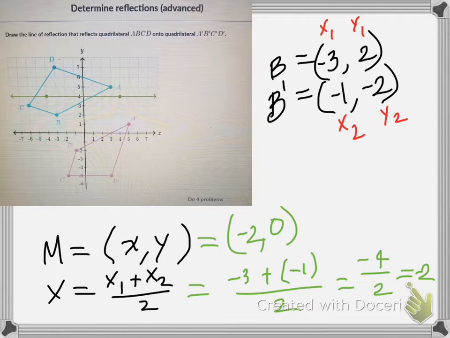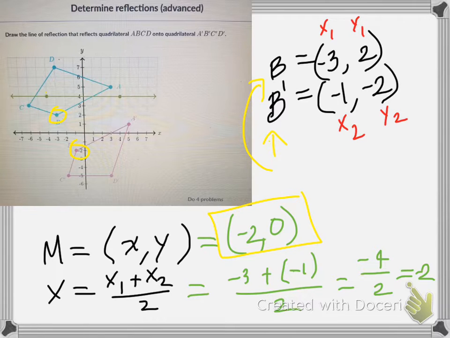So there you go. We found, let me put it in yellow, the midpoint between these two points, this one and this one. This is the center point between these two points.